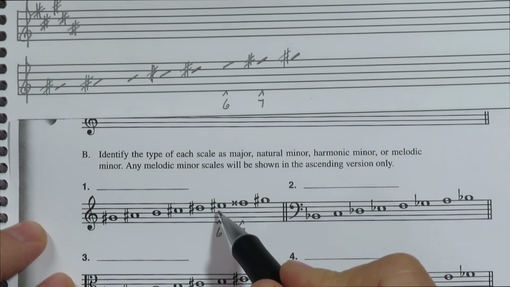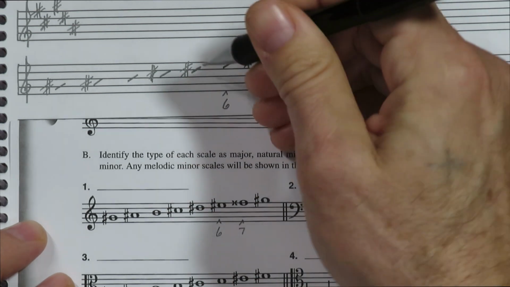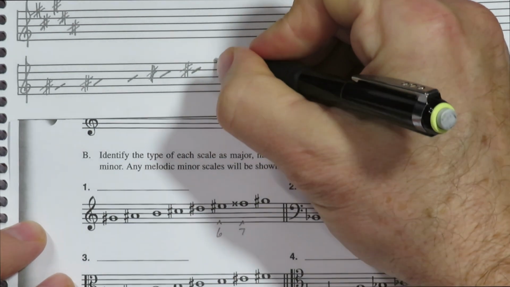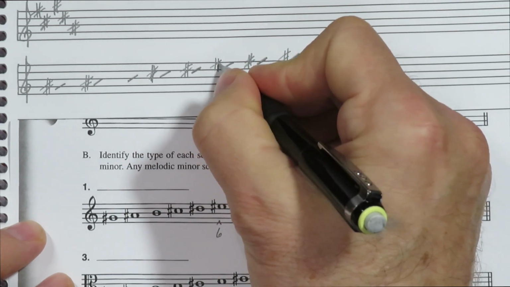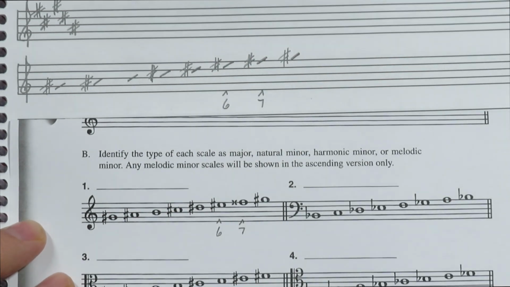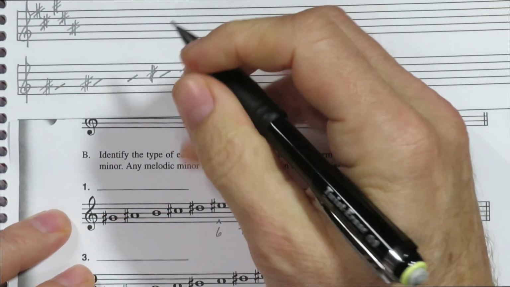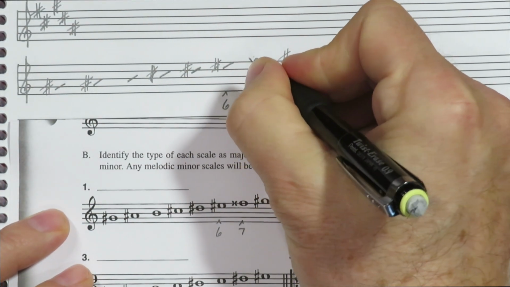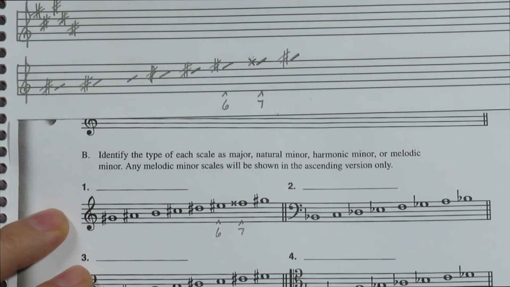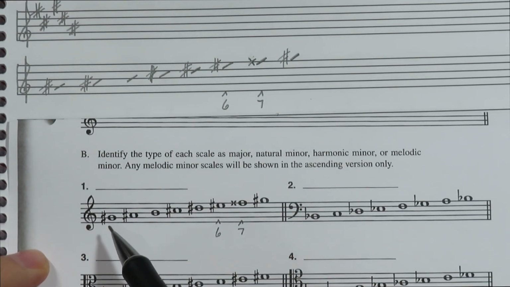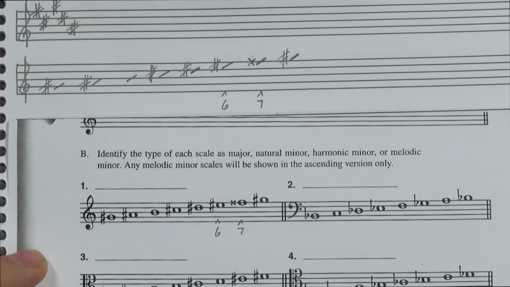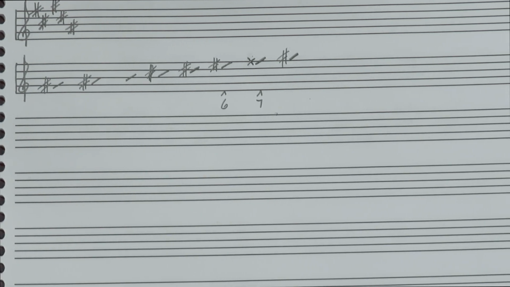So we have an E sharp. So the E becomes a sharp. And since the F is already sharped, it becomes a double sharp to create the G sharp melodic minor scale. Okay.